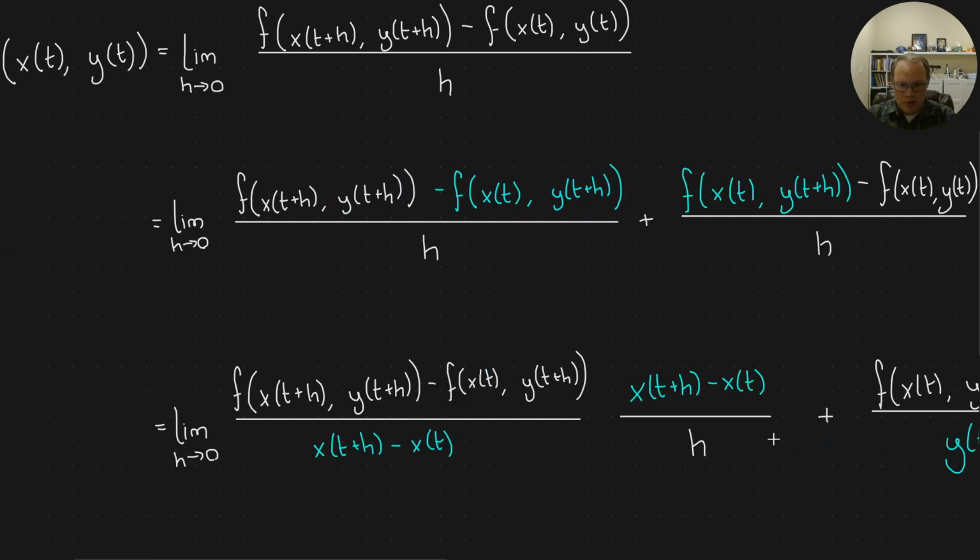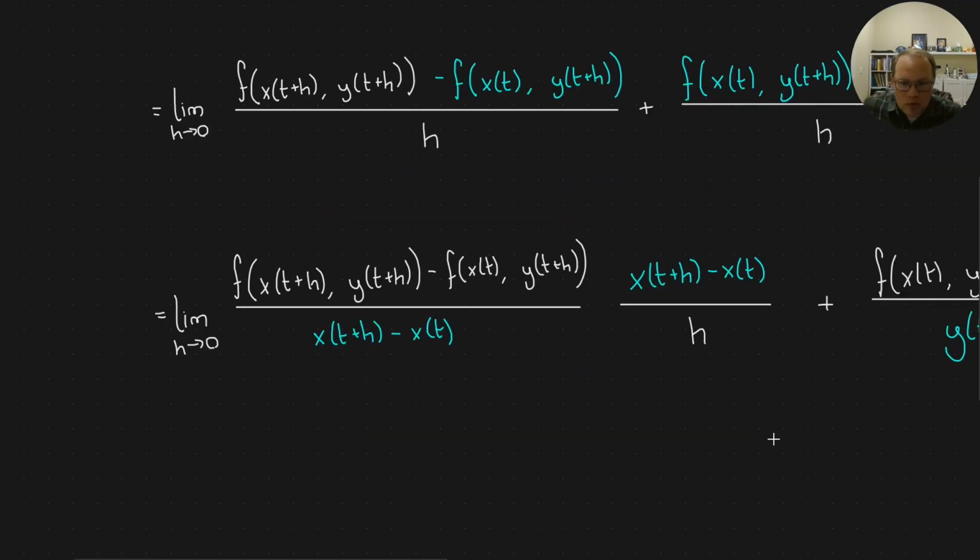So a lot of symbols, but we're almost done. Because now, what are we looking at? We're looking at how much f changes as the x changes. And since h is going to 0, this is going to 0 also. X of t plus h, as h gets closer to 0, becomes more and more like x of t, so this is becoming closer and closer to 0.